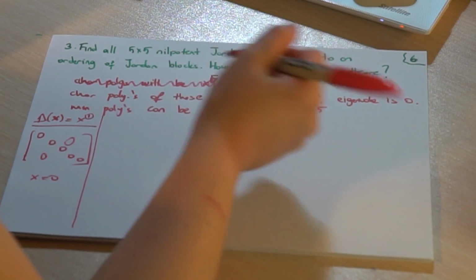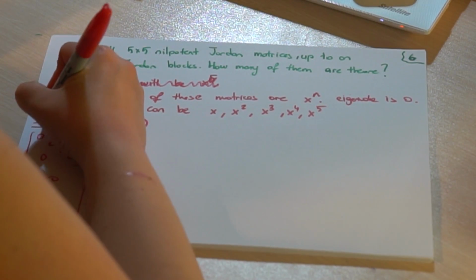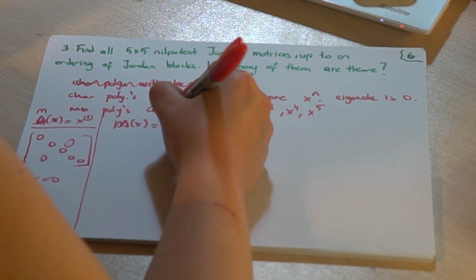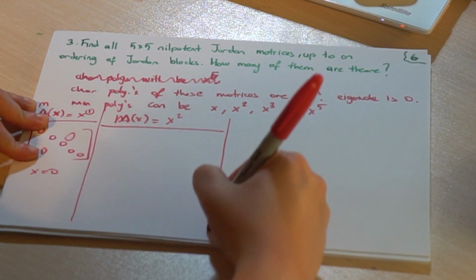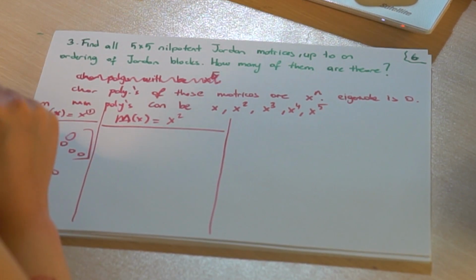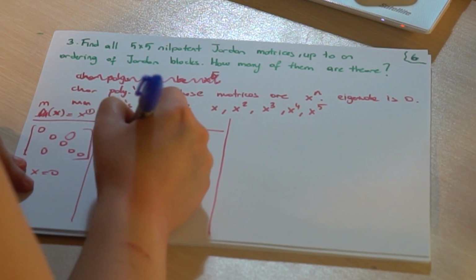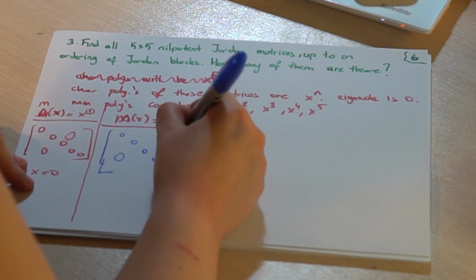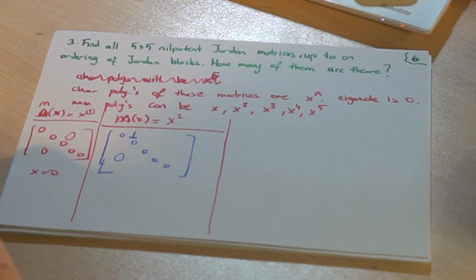Now, say the minimal polynomial m(x) is equal to x squared, right? Now the maximum block will be of size 2 by 2. So in the diagonal, we will have 5 zeros, and we can have 1s here.